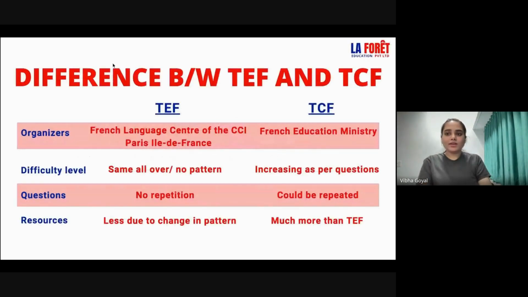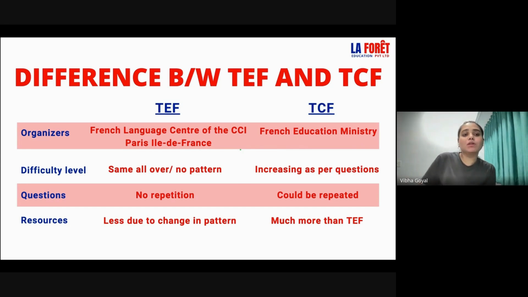We are looking at now the differences between TEF and TCF. So paper pattern हमने देखा, there are differences. उसके अलावा, when I was talking about the organizers, TCF is conducted by the French Education Ministry, which is the same as the DELF. So as I already mentioned, DELF का pattern we are much more familiar with.